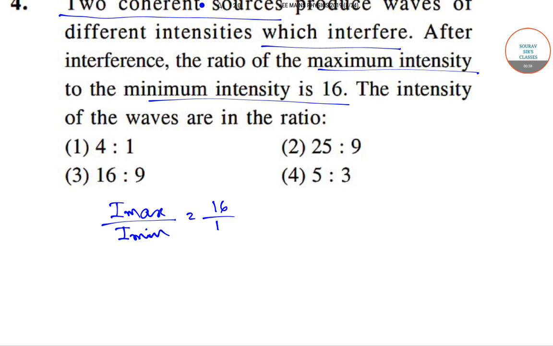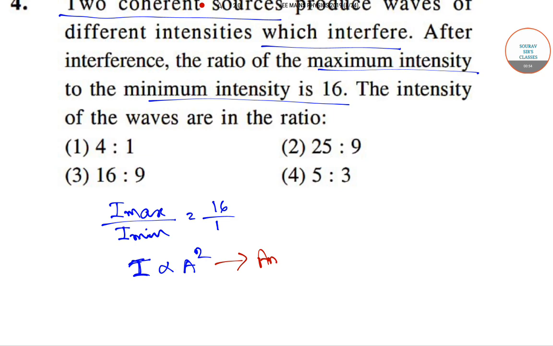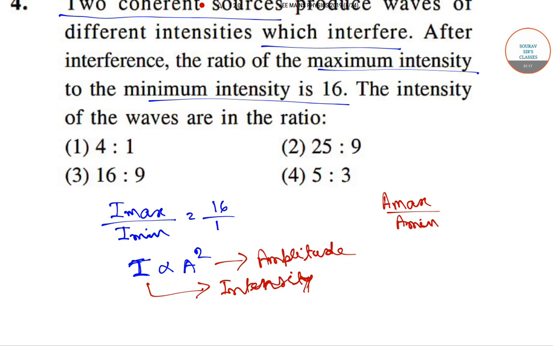We all know that intensity is proportional to the amplitude square, where A is the amplitude and I is the intensity. So we can write A max divided by A min is equal to 4.